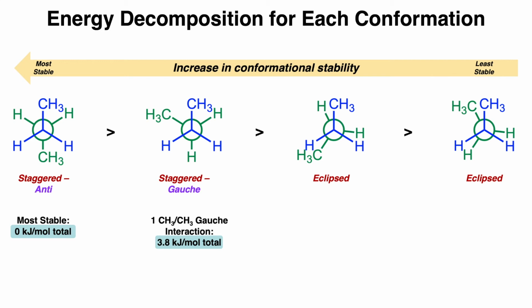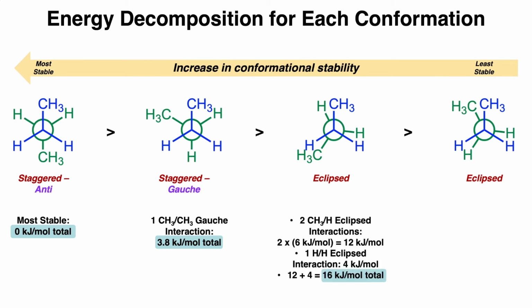The next eclipsed molecule contains two methyl-hydrogen eclipsed interactions, which cost 12 kilojoules per mole, as well as one hydrogen-hydrogen eclipsed interaction that costs 4 kilojoules per mole. So if we add up these two values, this conformation costs in total 16 kilojoules per mole.